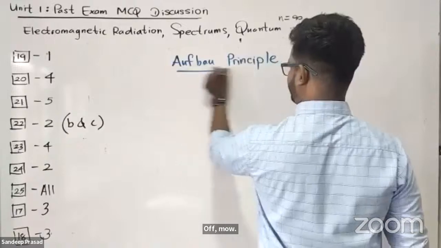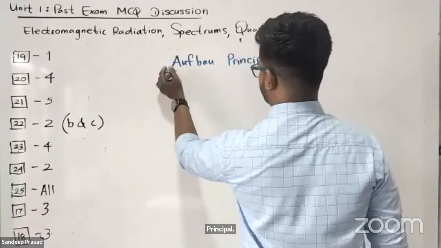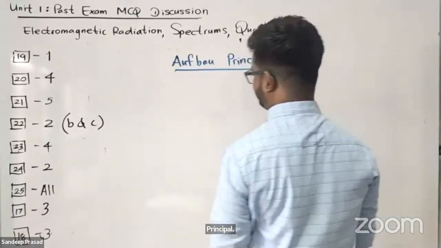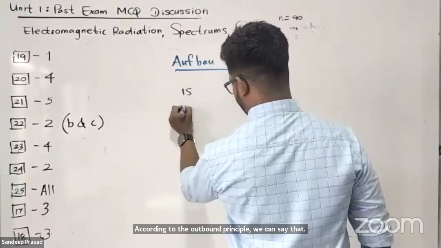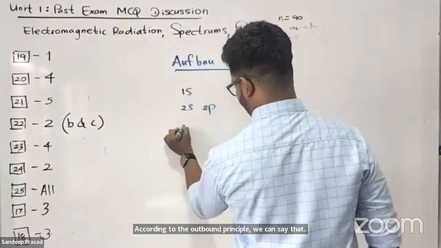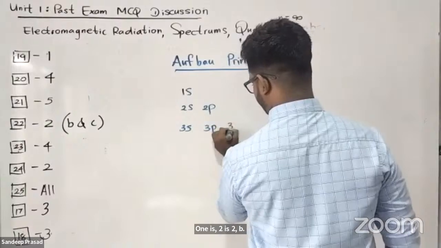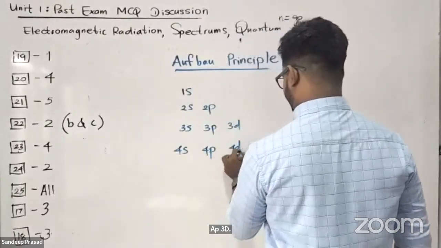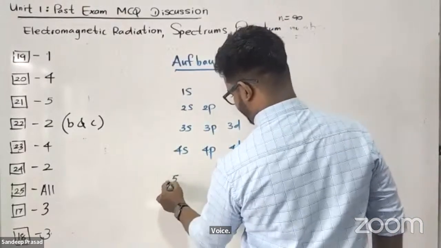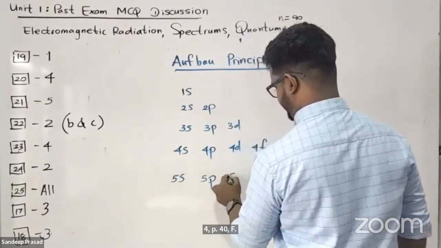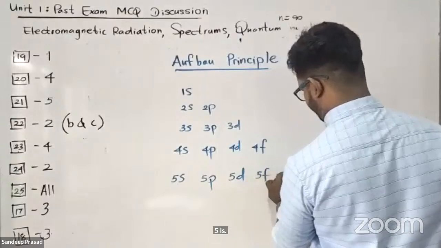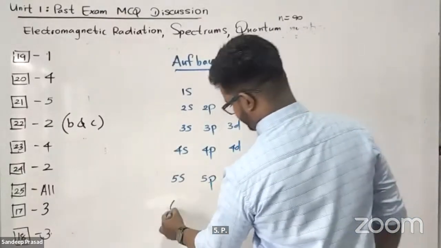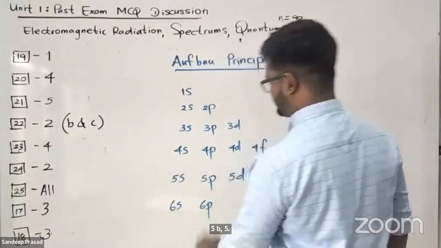According to the Aufbau principle, we can say that 1s, 2s, 2p, 3s, 3p, 3d, 4s, 4p, 4d, 4f, 5s, 5p, 5d, 5f, 5g, 6s, 6p. Right?